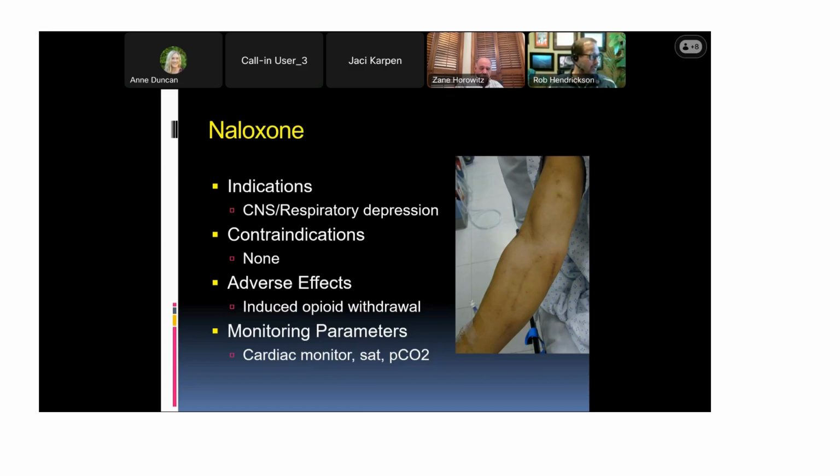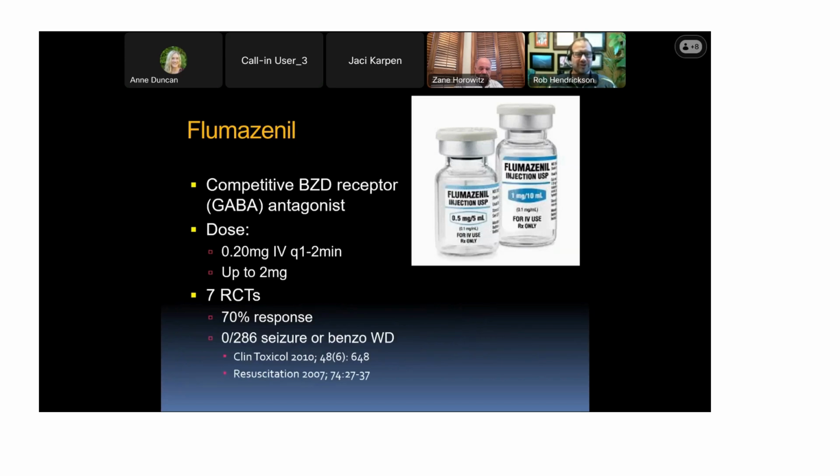All right, naloxone is the big one, obviously, that we use the most. Flumazenil has all of the same concepts as naloxone. It is a competitive benzodiazepine receptor antagonist. The dose is 0.2 milligrams every 1 to 2 minutes.